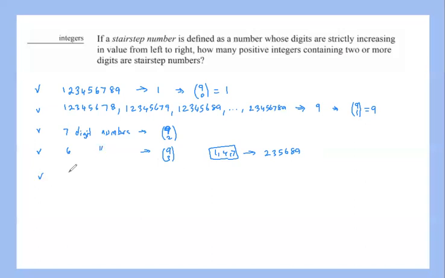And the next one is 5-digit numbers. So we are gonna choose 4 digits to leave out. So 9 choose 4. The next one is 4-digit numbers. We are gonna choose 5 digits to leave out, and then the remaining 4 digits will give us 1 order for every combination we have. And the next one is 3.